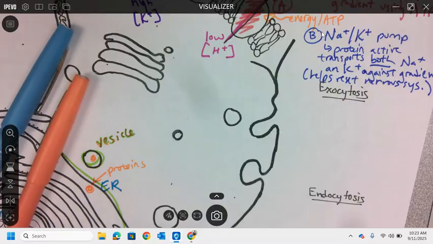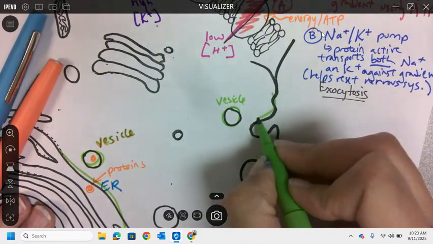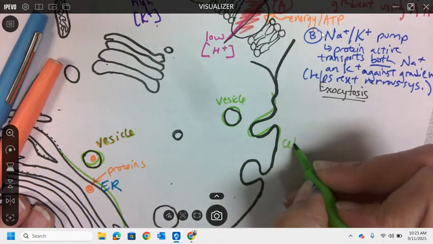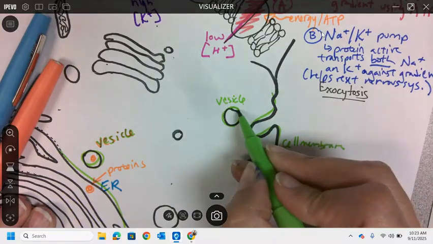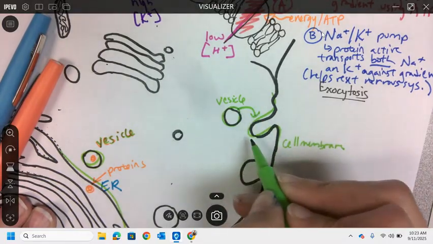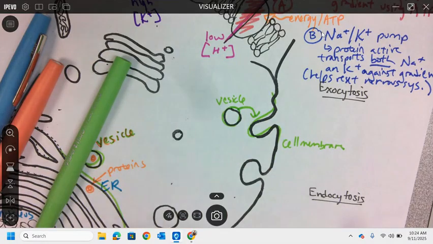Then what happens is that vesicle is made up of phospholipids, and the cell membrane is also made up of phospholipids. So the vesicle fuses with the cell membrane and becomes part of the cell membrane, actually making the cell membrane bigger.